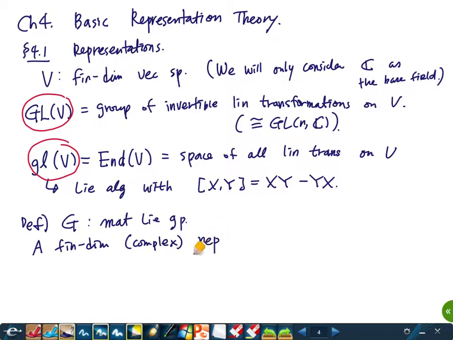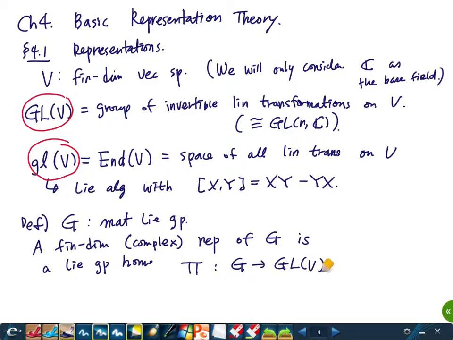I'm going to simply write: a representation of G is just a Lie group homomorphism, say capital pi from G to our favorite Lie group, GLV, for some vector space V, where V is some finite dimensional vector space. So the definition is really simple, just a Lie group homomorphism, that's all.